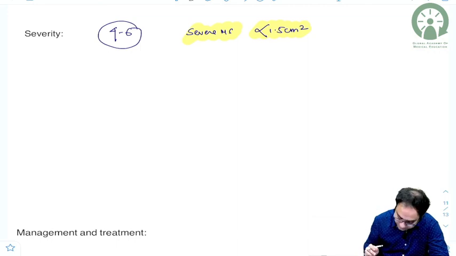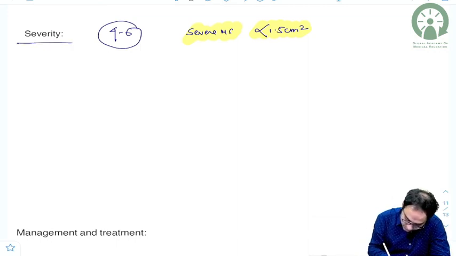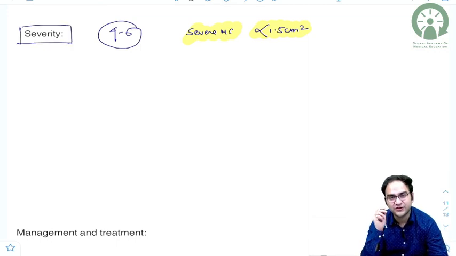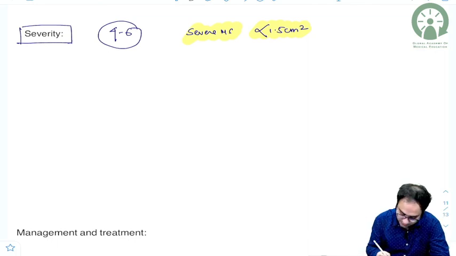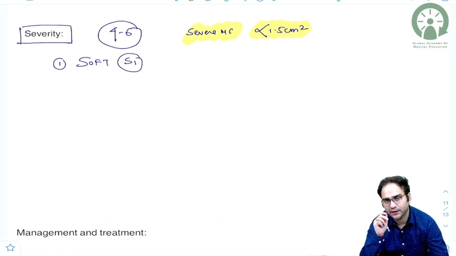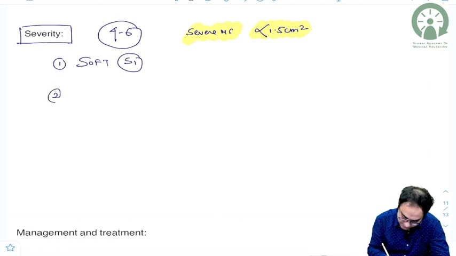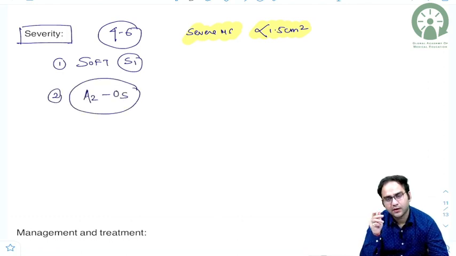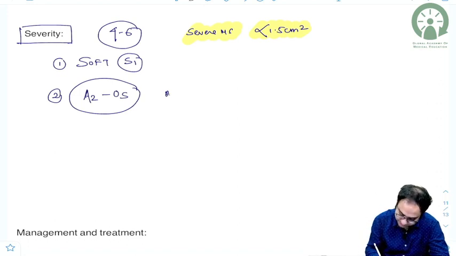Okay. Now, how do you clinically judge the severity of MS? I have mentioned that if there is a soft S1, that means the valve has calcified. So soft S1 is basically the marker of severity of MS. Second is the gap between the second heart sound and the opening snap. More the gap, less the severity.